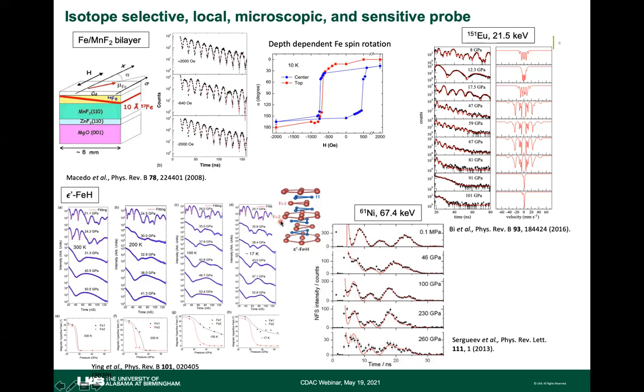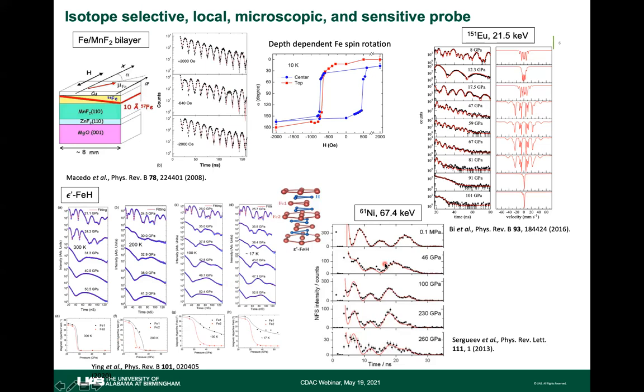That's also very unique and difficult to observe with other techniques. So this shows this technique is a local and microscopic technique. You can actually see the detailed sites based on the different hyperfine fields resolved by fitting the data.